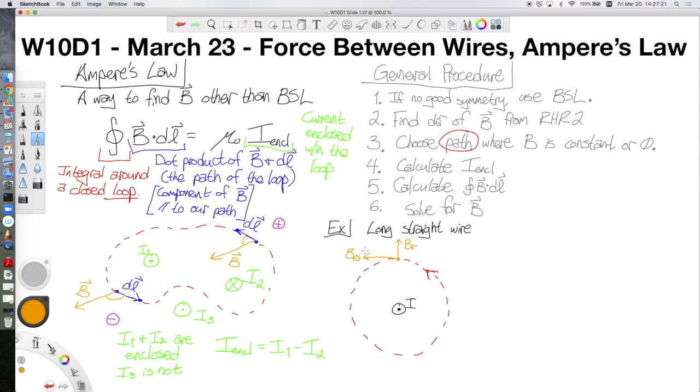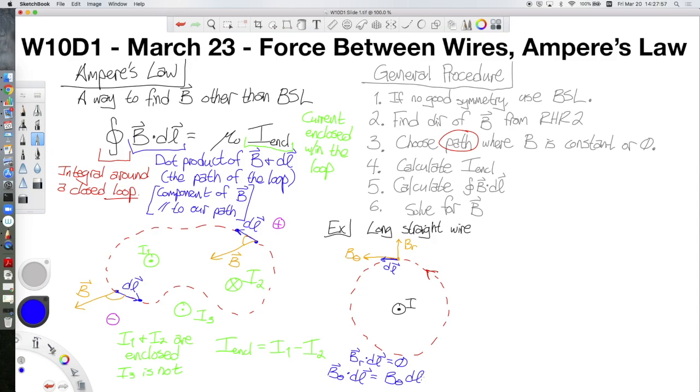Well, if we're taking B dot dl, at this location in our loop, our dl would be pointing directly to the left. So that means that Br dot dl will equal 0. It also means that B theta dot dl is just going to be B theta times dl.